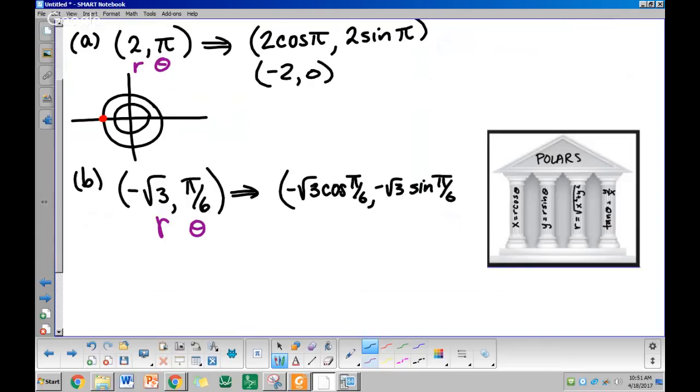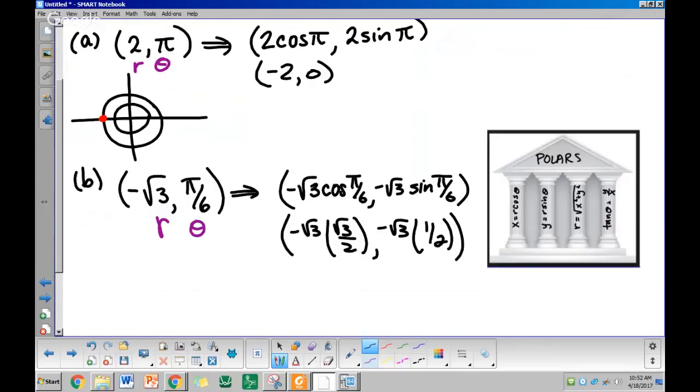Gosh, these trig facts are never going away. What is the cosine of pi over 6? √3 over 2, comma, -√3 times 1/2.